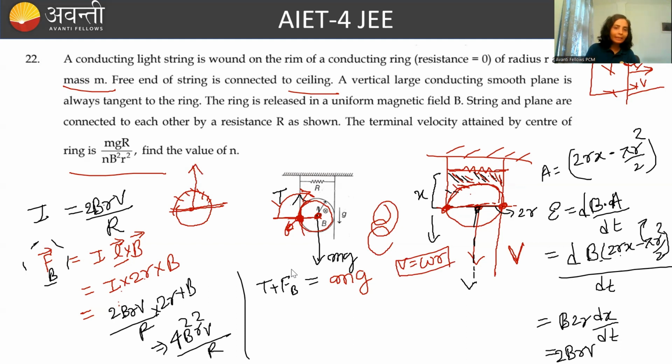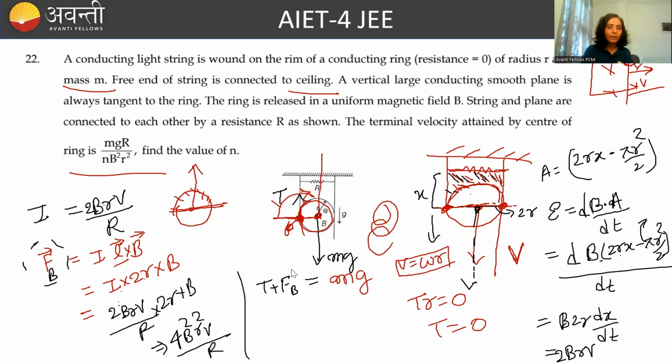So the magnetic force also passes through this line. So torque because of magnetic force is also zero. Then the overall torque has to be zero because alpha is zero. Only tension could create torque, and since net torque is zero, torque because of tension should also be zero. So TR should be zero. R is not zero, so T should be zero.